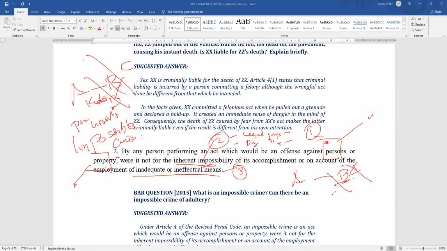Employment of inadequate or ineffectual means.